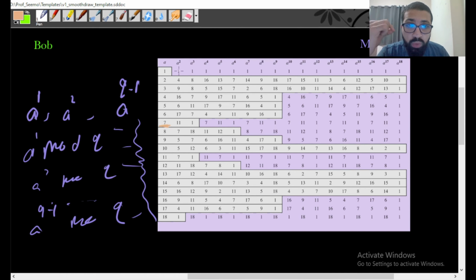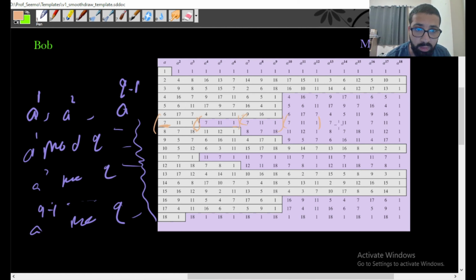A to the power of 2 mod 19 is 11. A to the power of 3 mod 19 is 1. As you can see over here, A to the power of 4 mod 19 is 7 again. A to the power of 5 mod 19 is 11. A to the power of 6 mod 19 is 1. Can you see there is a pattern?